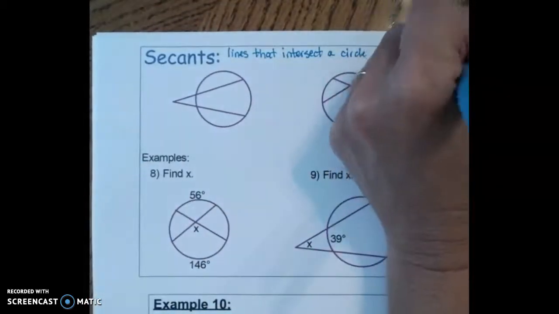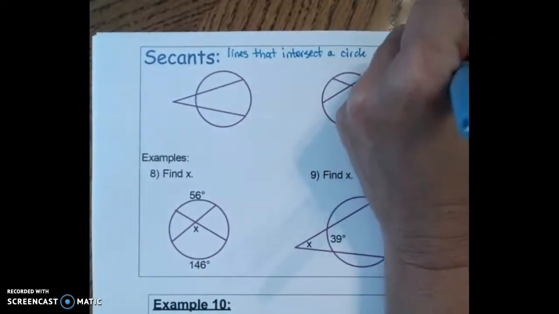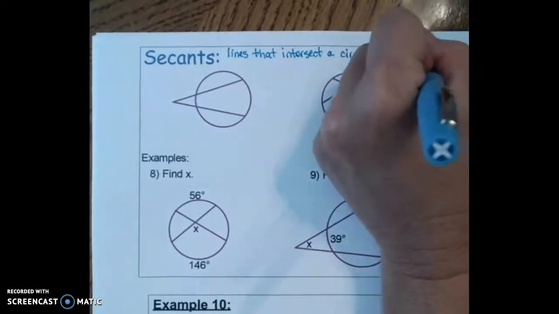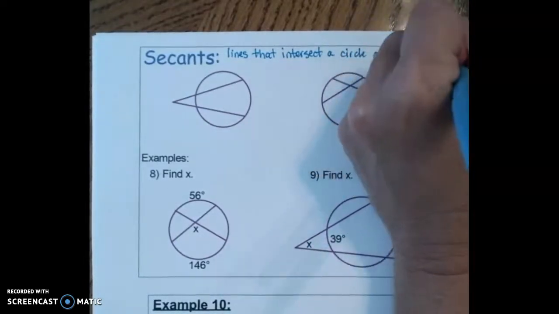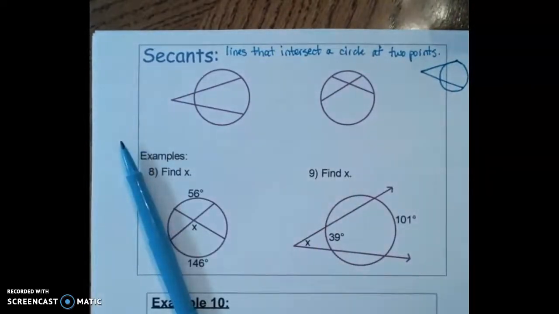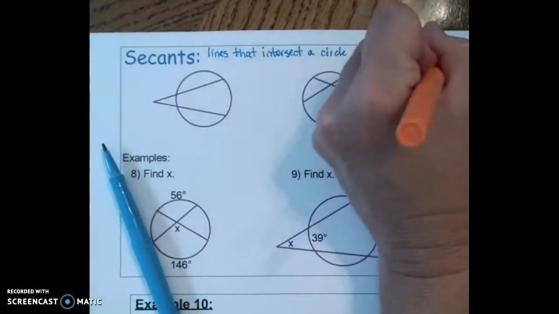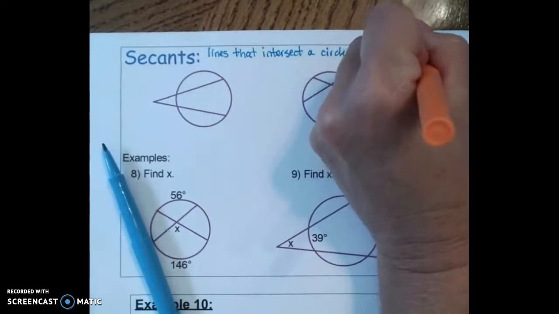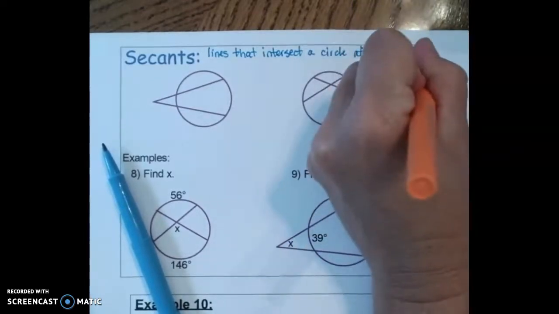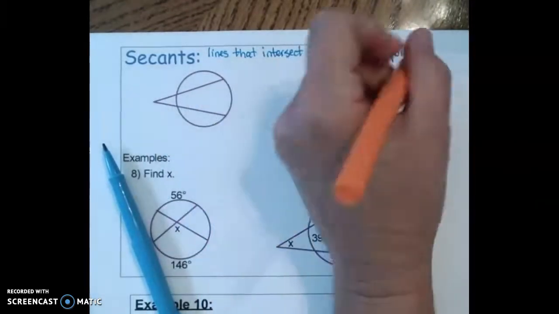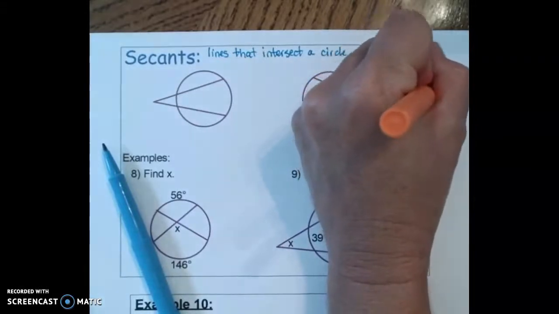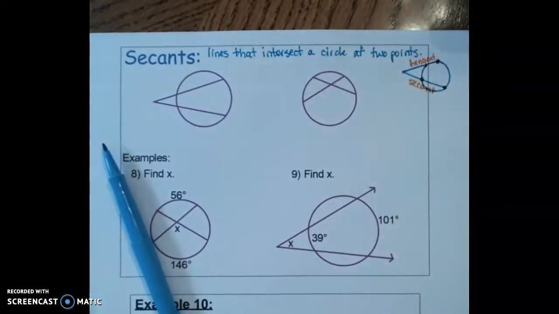So for example, we had our tangent, which intersected at exactly 1 point. So this would be my tangent. The secant is going to intersect your circle at 2 places. So that's an example of a secant.